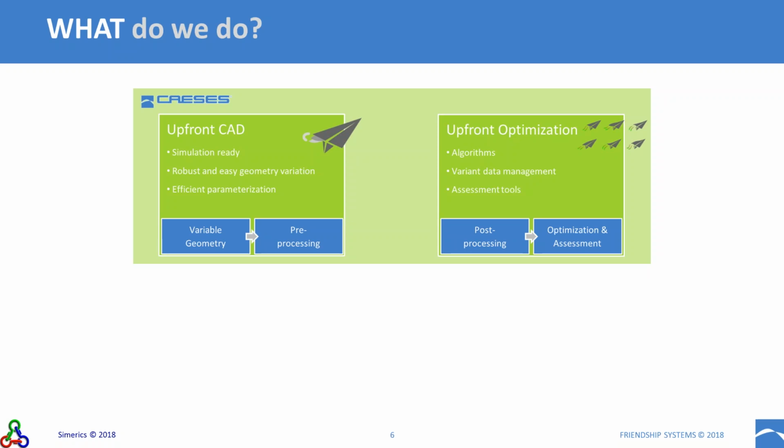Also, we want to be able to do geometry variation in a very robust and easy way, even for very complex geometries. And finally, provide an efficient parametrization so that you can have a flexible model, but not too many parameters, which will save time during the optimization.